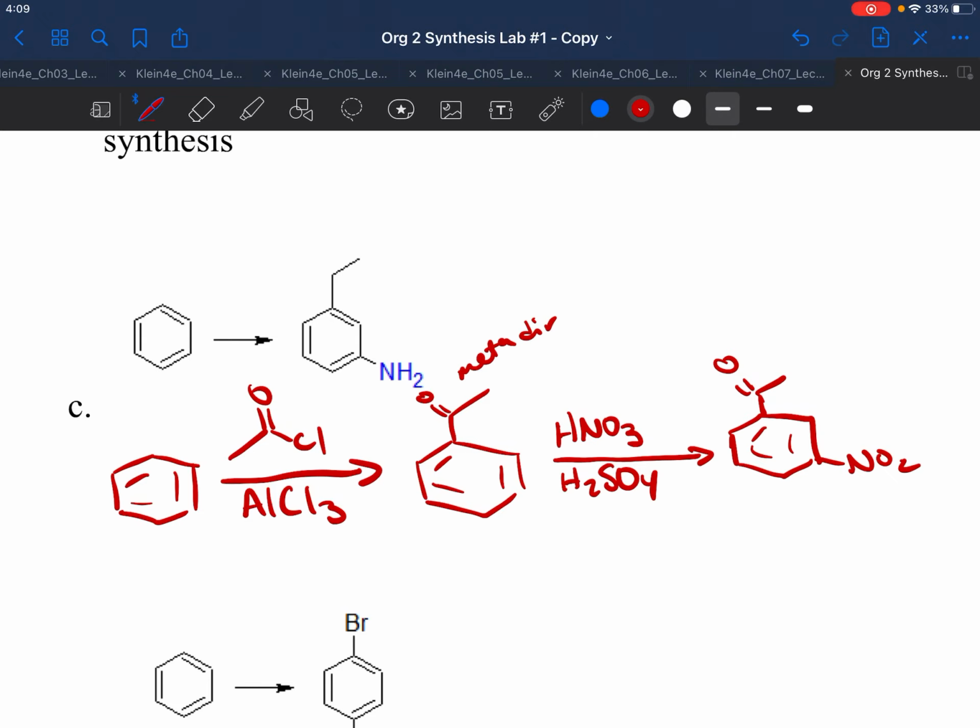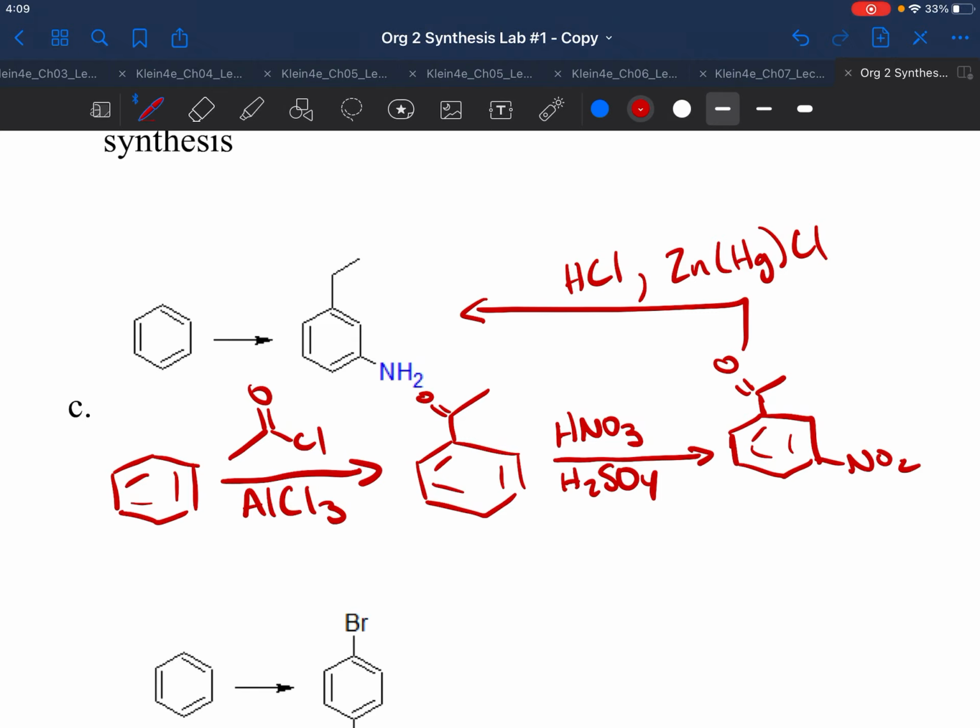And now I can reduce both of these groups with the Clemmensen reduction, right? A Clemmensen reduction is HCl and a zinc mercury amalgam.